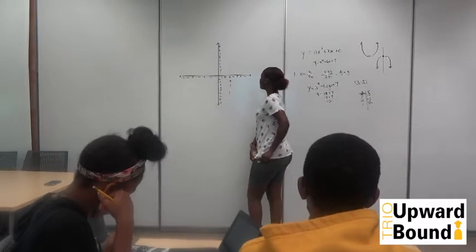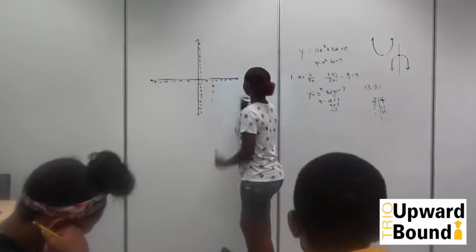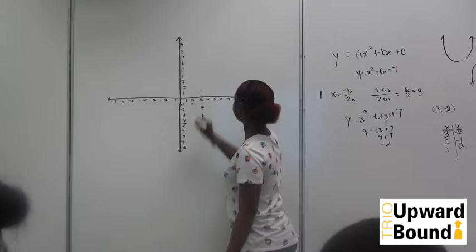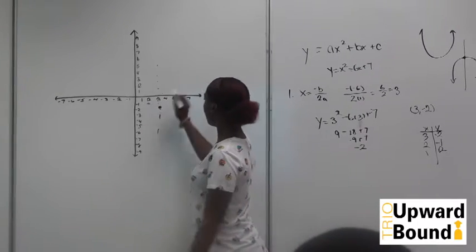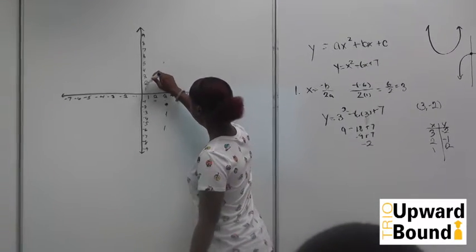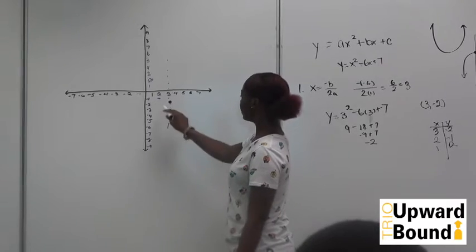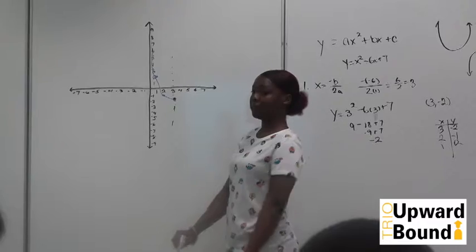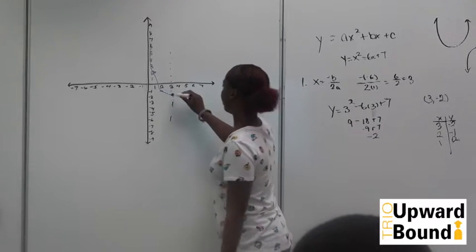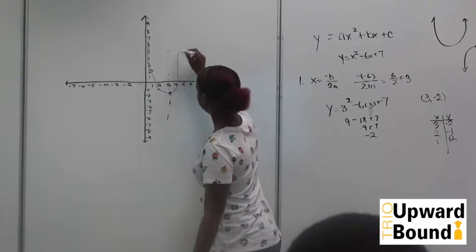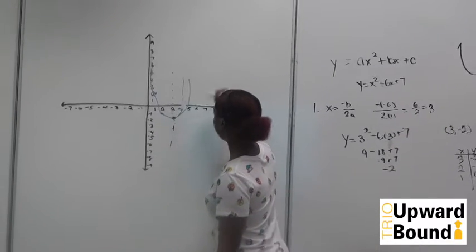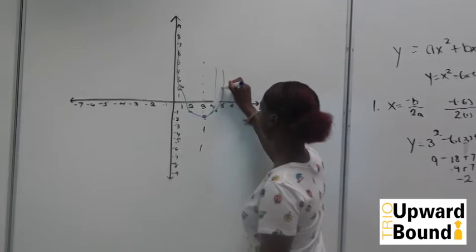So over here, we have 2 and -1 right here. And then we have 1 and 2 right here. So since we have this side of our parabola, we can just flip it on the other side and then we'll have our full parabola.